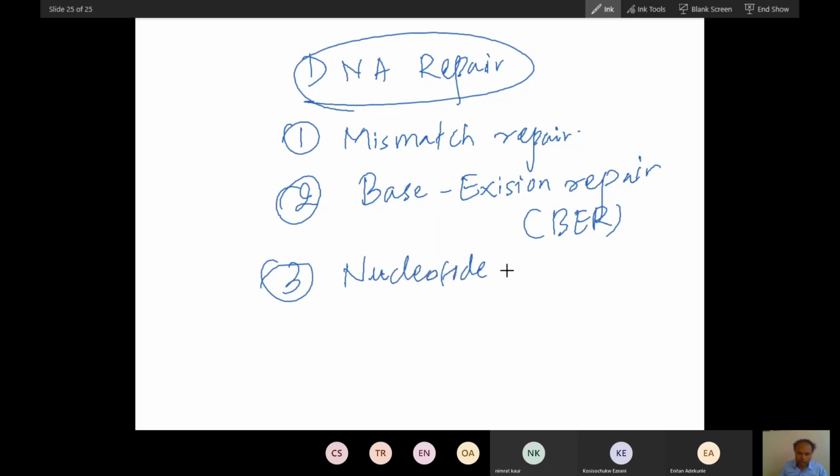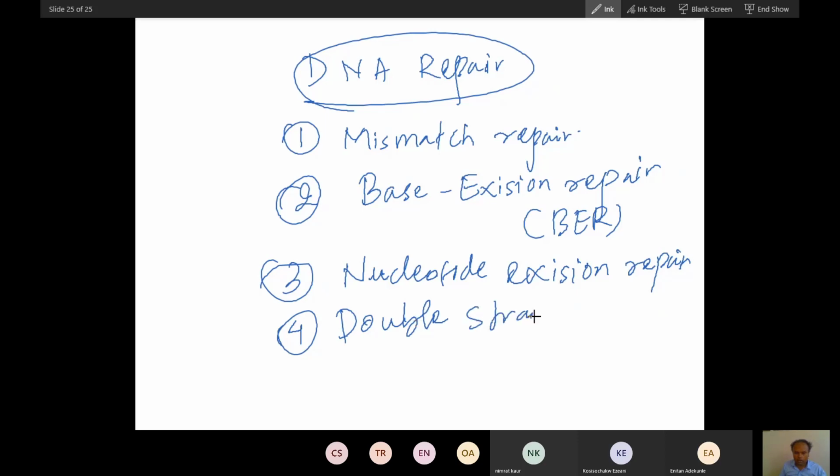The fourth mechanism is double strand break repair. And the fifth mechanism is cross-link repair.